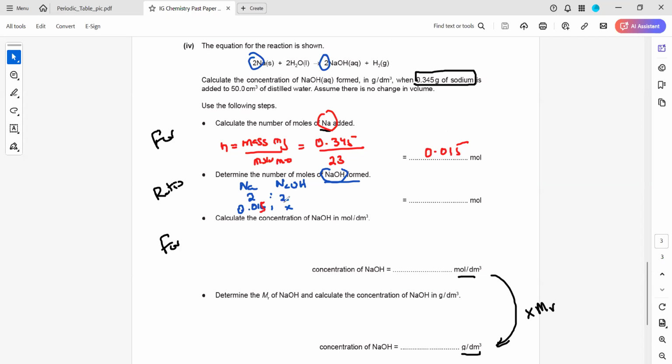So this is x, and when we cross multiply we get 0.015. In the first part you were saying 0.016, but it is 0.015.